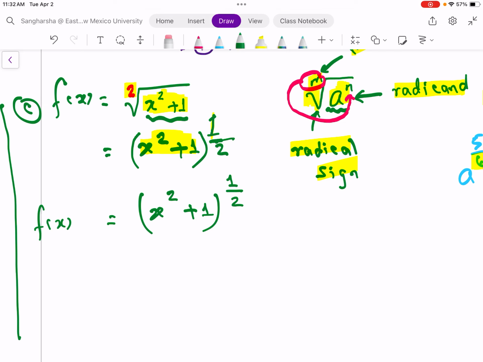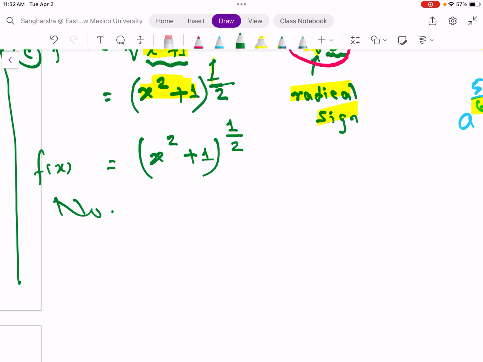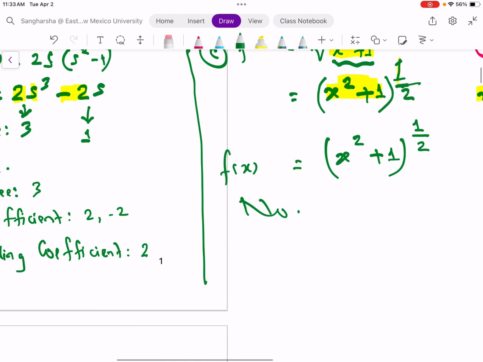And if it's not a polynomial, we don't define the degree. There is no point in defining degree, coefficient, or leading term. If it's a polynomial, then yes, we go for the degree. If you are asked, you need to find the degree and the leading coefficient. Okay, this is all about what a polynomial function is. Let me know if you have any questions.